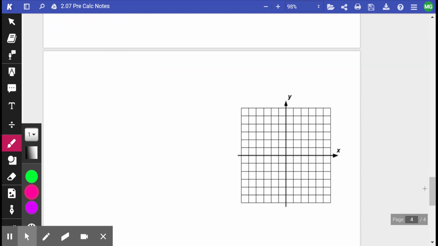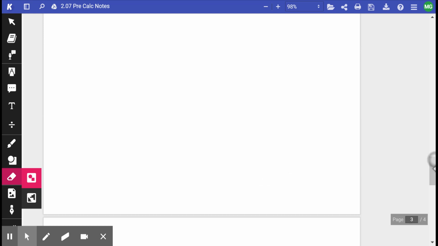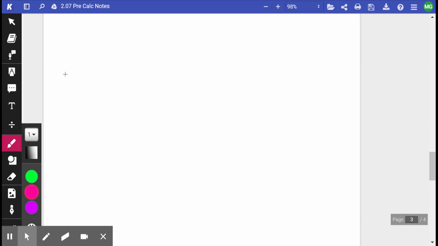Okay, and the last one, actually before we do our last one, I want to talk about what a hole is. So I'm going to go up here a little bit and talk about holes in a graph.